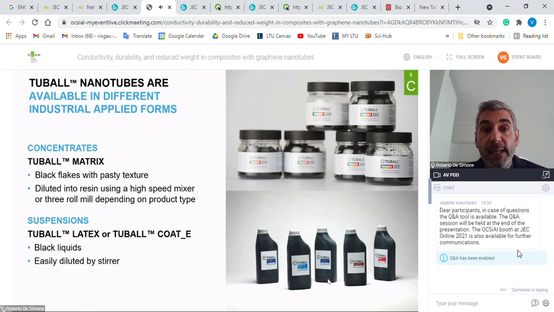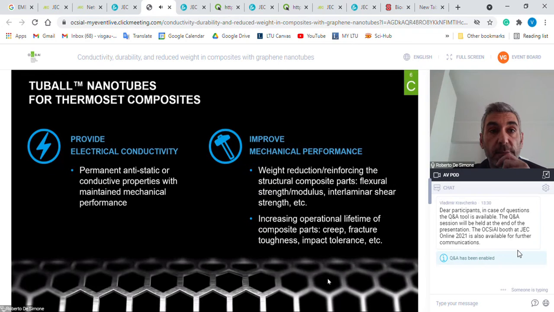As a sideline, we also developed some water dispersion, like a black liquid with some surfactant agents to keep the dispersion stable.